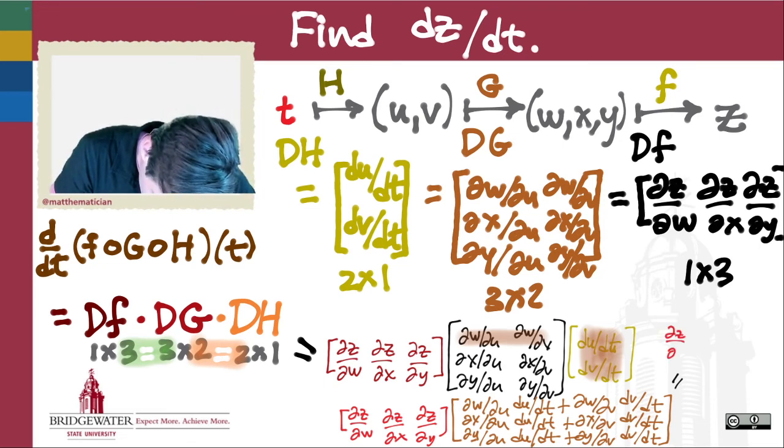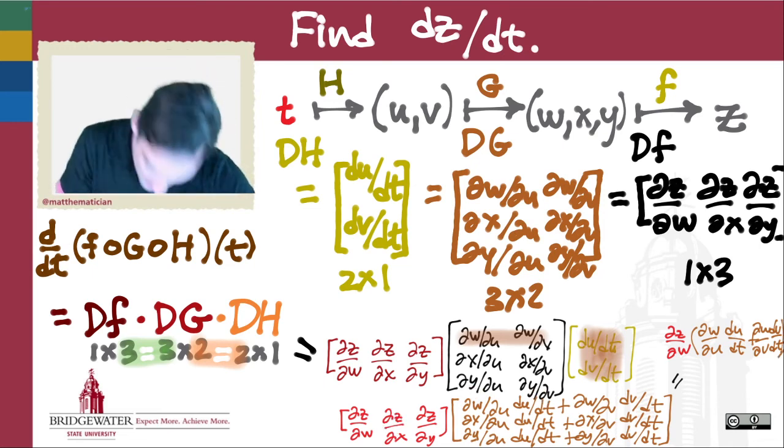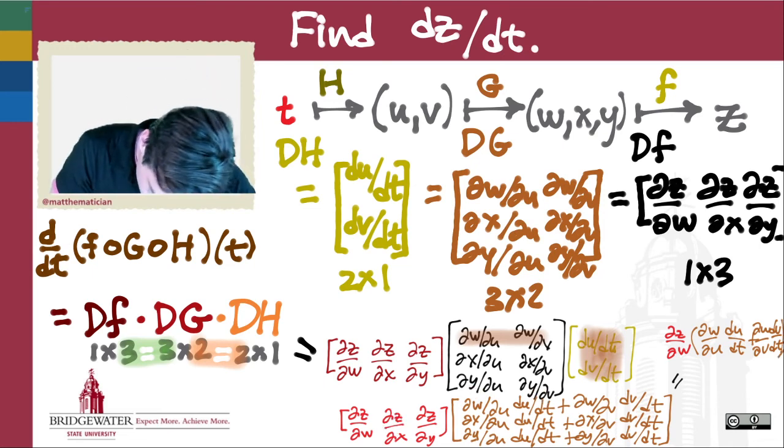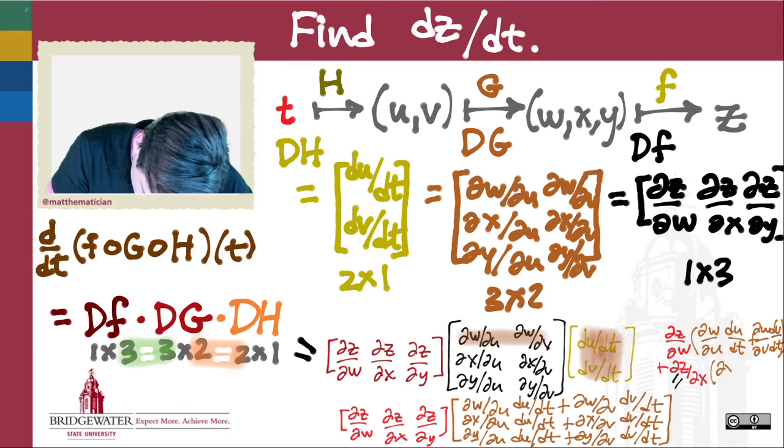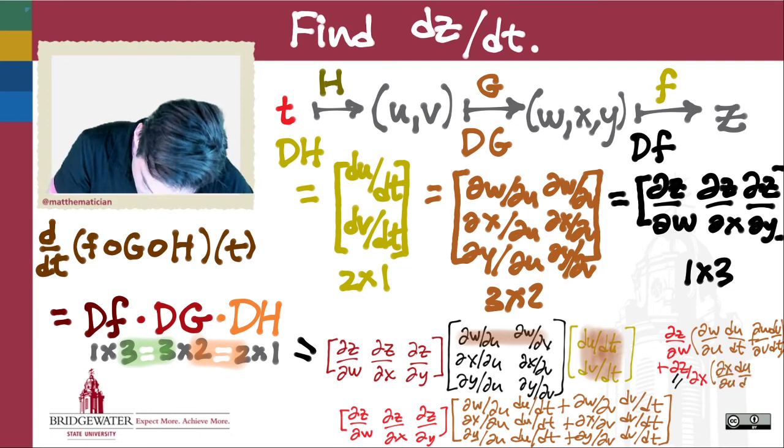So dz dw times, in parentheses, dw du du dt plus dw dv dv dt, added to the second component multiplied by dz dx, which is dx du du dt plus dx dv dv dt.